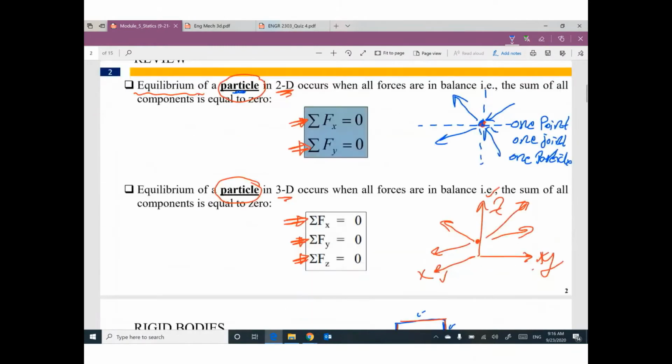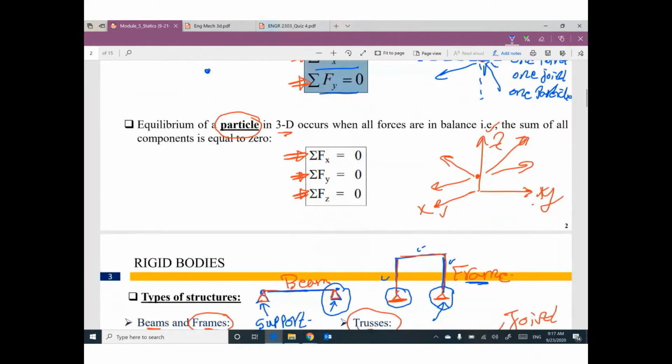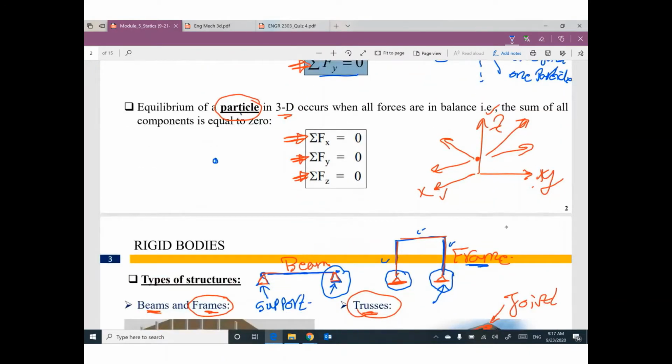So remember, if you have a particle, only 1 point, 1 joint, 1 particle in equilibrium in 2D, we have 2 equilibrium equations. Summation of all X components, summation of all Y components, horizontal and vertical components. If this particle is in 3D, we have summation of all X component equals 0, all Y component equals 0, all Z component equals 0.